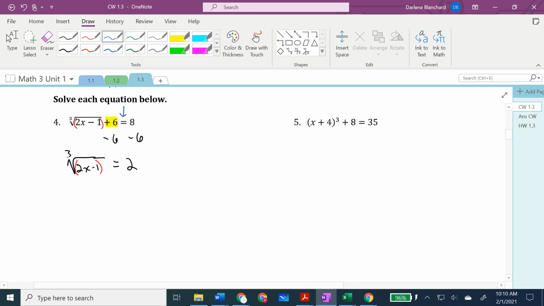You got it. So you want to do the opposite operation, cube both sides. That will cause these operations to cancel. And when those cancel, you have just that 2x minus 1 that was in a parentheses, but now that's all you have, so you don't need it. And then 2 multiplied 3 times is what number?